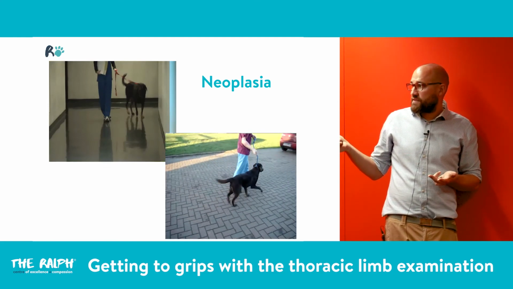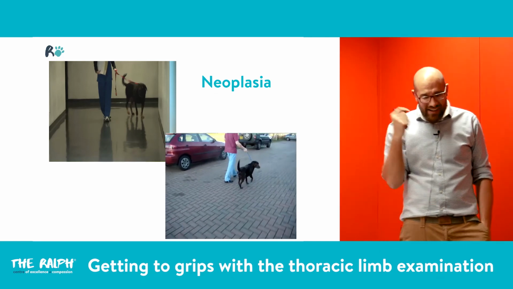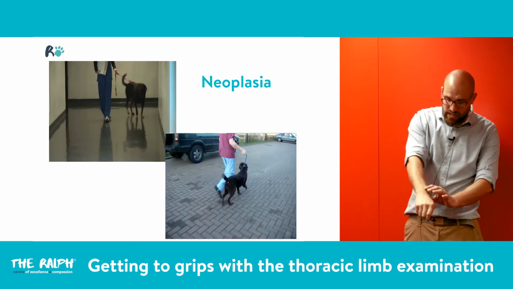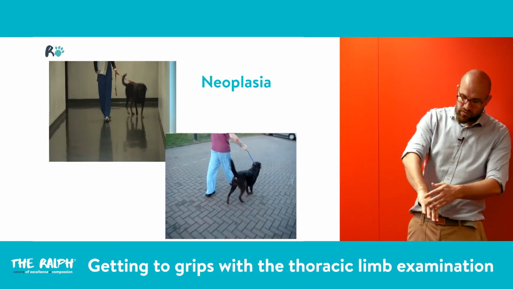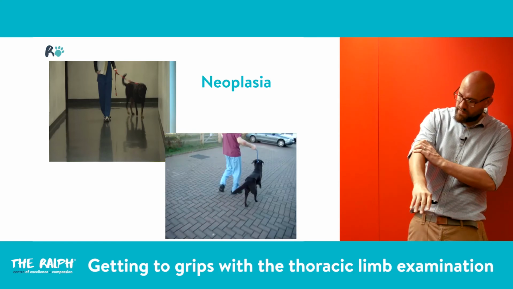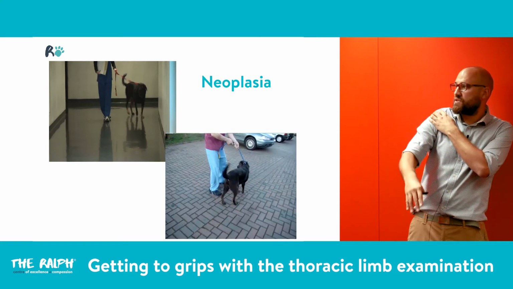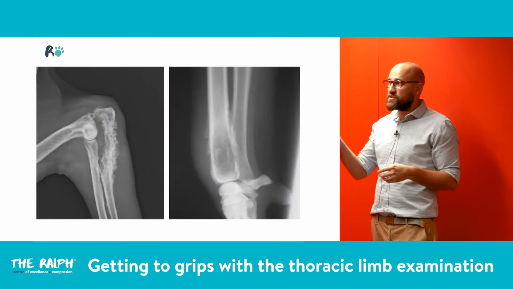Usually these dogs, as you can see, are incredibly lame, and usually they are incredibly painful when you squeeze on the bone. So again, if you get used to this thing of starting from the bottom and coming up, squeezing the bone, checking the elbow joint, and then going up and squeezing the bone, and then checking the shoulder joint, you're going to get a lot of pain coming from the bone if you have a tumor like this.